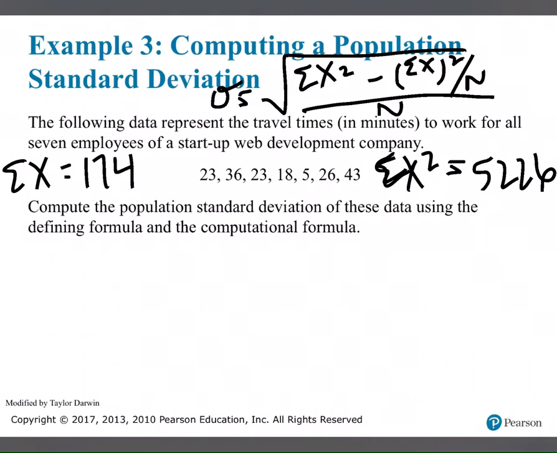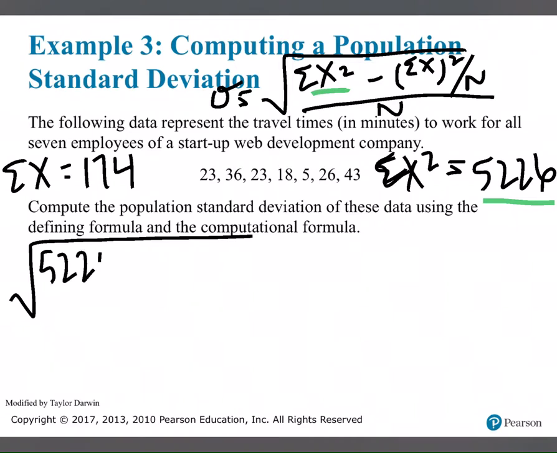Okay, so if I were you, I would do these little steps at a time. So this is going to look like this. This 5,000 number goes here. 5,226 minus.